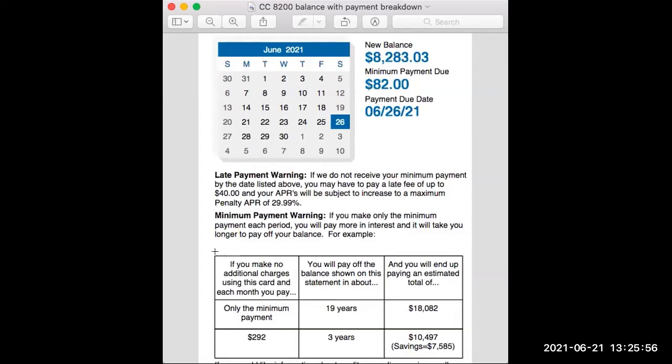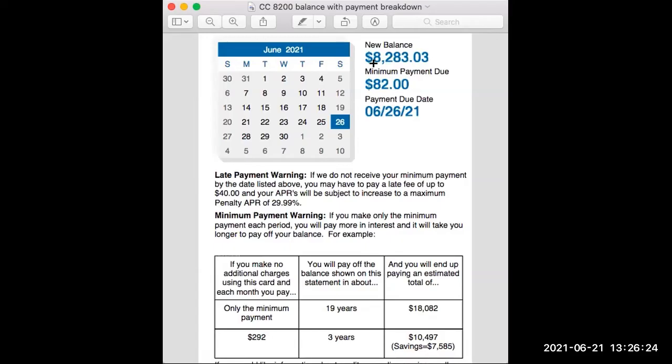Let's look here. If you make no additional charges using this card, so if you do not spend on this card again, and if you pay the balance shown on this statement, $82 right there, you will pay it off in 19 years, and you will pay a total of $18,000.